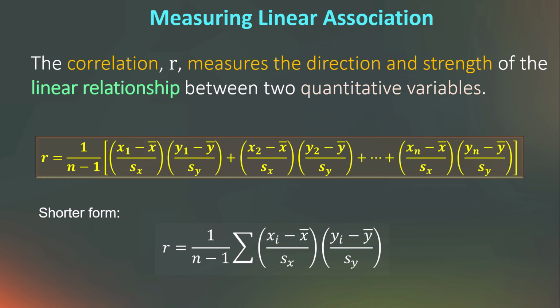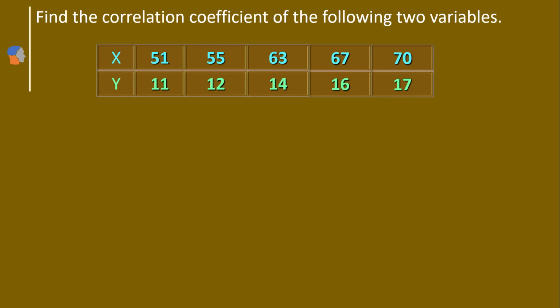Now let me explain an example. Find the correlation coefficient of the following two variables. There are two variables x and y and 5 points. What is the first point? 51, 11. The last point is 70, 17. How do we calculate r?